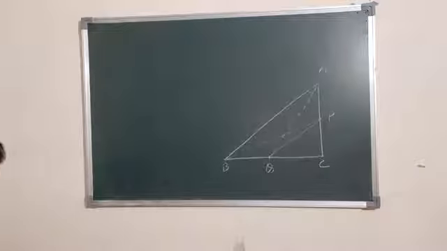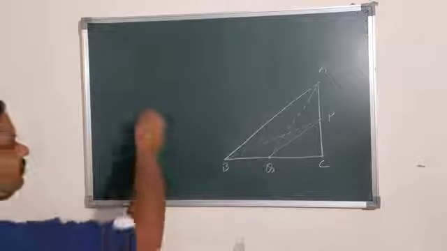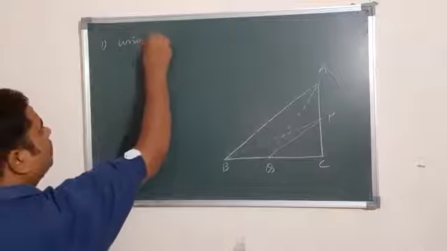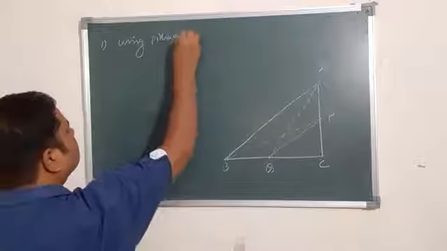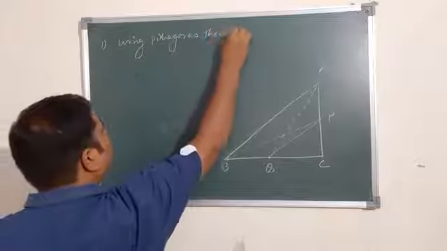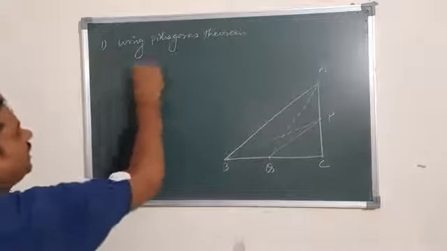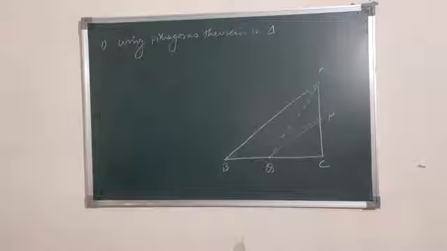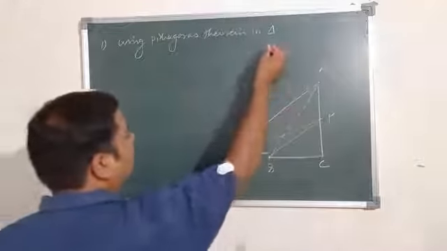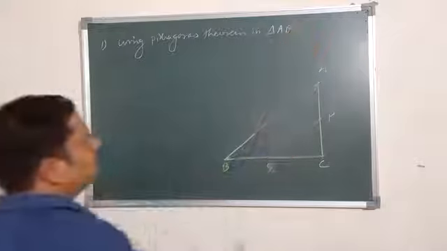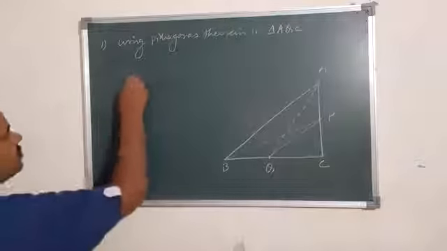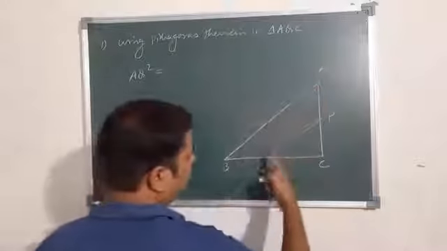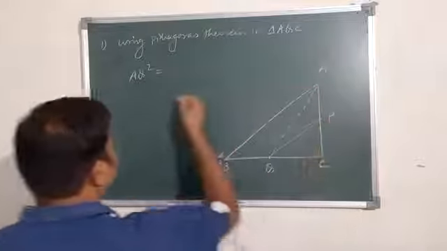First we write using Pythagoras theorem. For the first result, using Pythagoras theorem in triangle AQC, because we need to find AQ square, we will have AQ square is equal to QC square plus AC square.